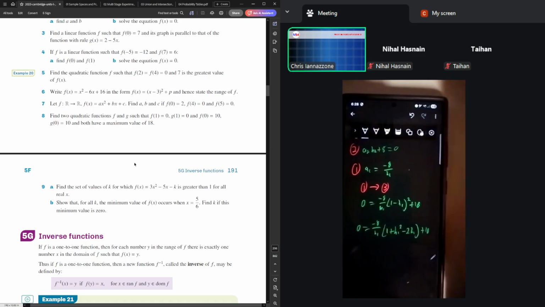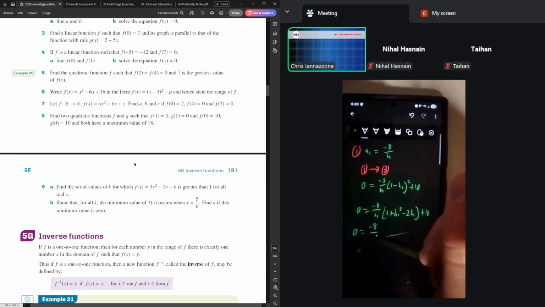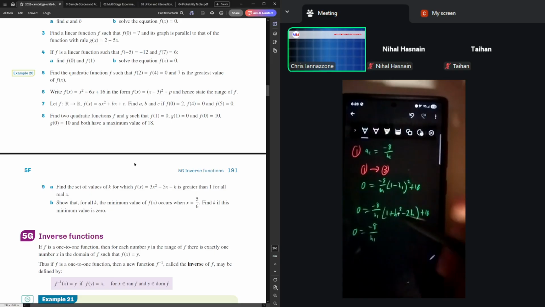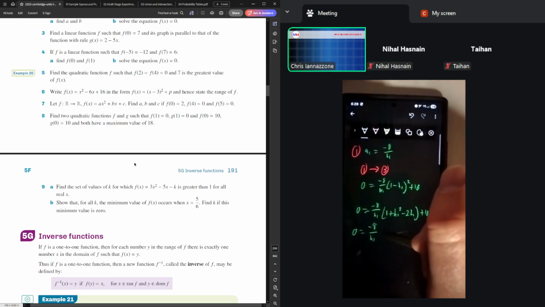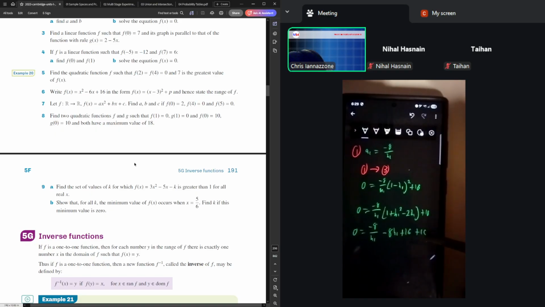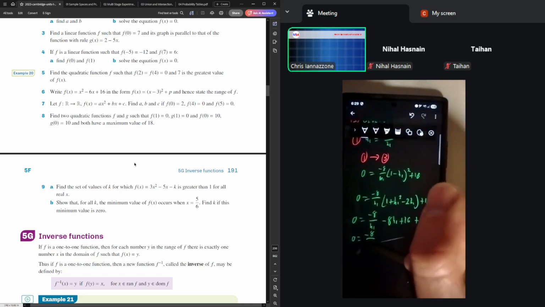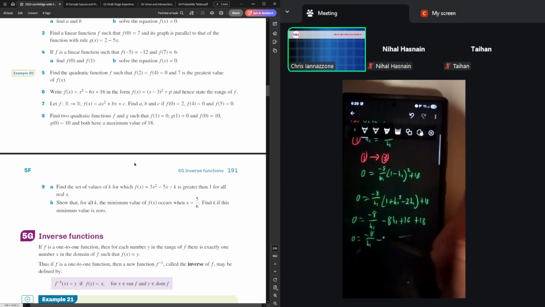Plus 18. 0 equals minus 8 on h1, minus 8h1, and plus 16, plus the final 18 there. 0 equals minus 8 on h1, minus 8h1, 16 and 18, 34.